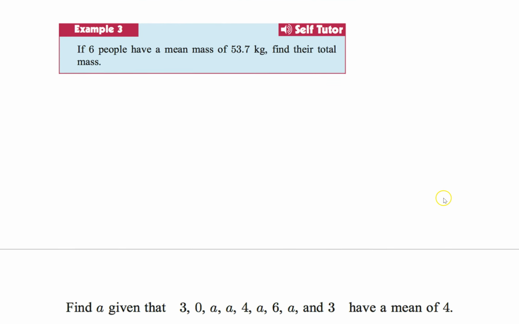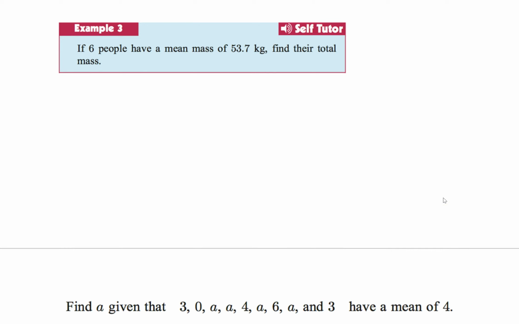Let's go through another quick example. So in this one, if 6 people have a mean mass of 53.7, find the total mass. So it has to do with the mean. Now we know how to find the mean. It's the total sum over the total number of values. In this case, they gave us the mean.